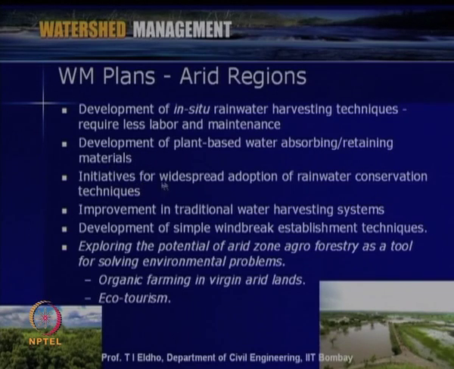Then initiatives for widespread adoption of rainwater conservation techniques. You can see, for example, this is a dryland area where a number of rainwater conservation projects have been implemented, like check dams and nala bending. We can look into a large number of rainwater conservation techniques.